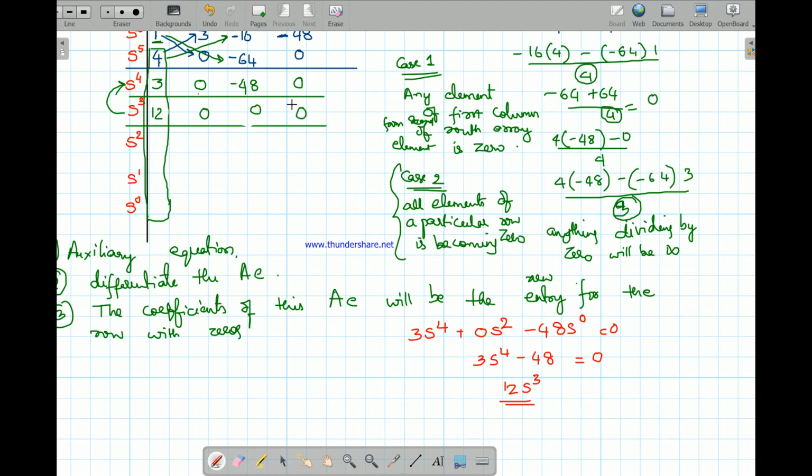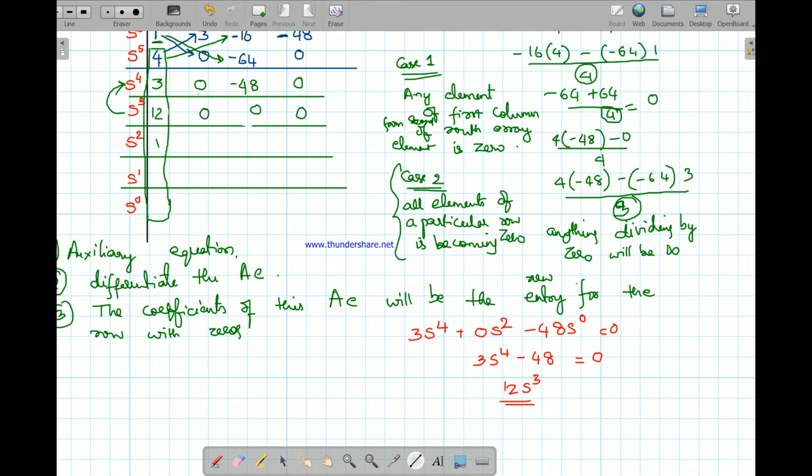Now my job is to construct the next row. We are considering only the first column, so the first column should not become 0. If the first column element is not 0 and all other elements are 0, you need not worry. Now coming to the s square row, 3 into 0 is 0, 12 into 0 is 0, minus 3 into 0 is 0, divided by 12.